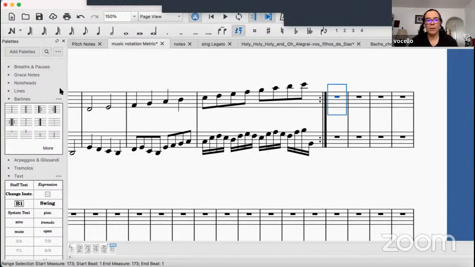Our reference is going to be a quarter note. I'm going to put the quarter note here.